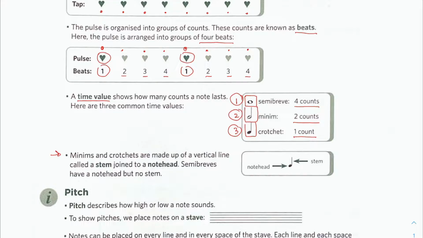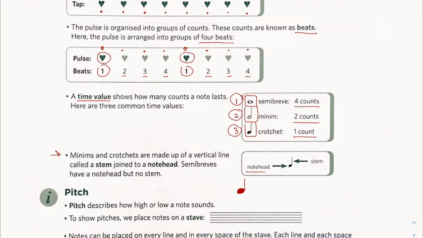Minims and crotchets are made up of a vertical line called a stem joined to a note head. Semibreves have a note head but no stem. So basically all kinds of notes have a note head. So this is a note head. Sometimes it's filled in black like this. And when you add a vertical line to it, that vertical line is called a stem.